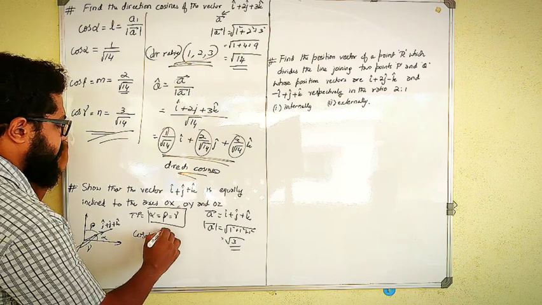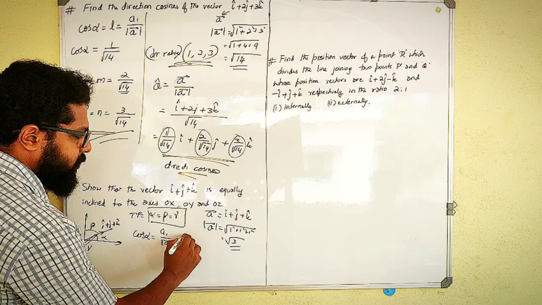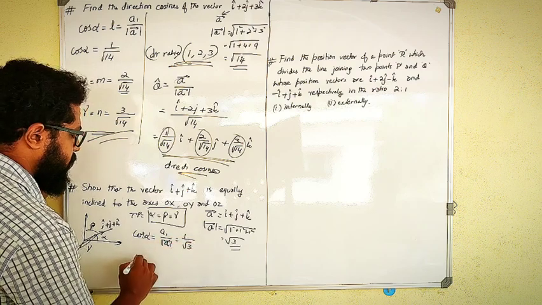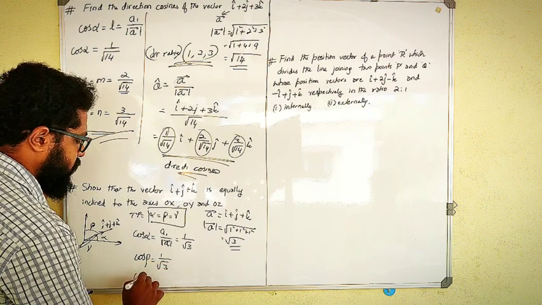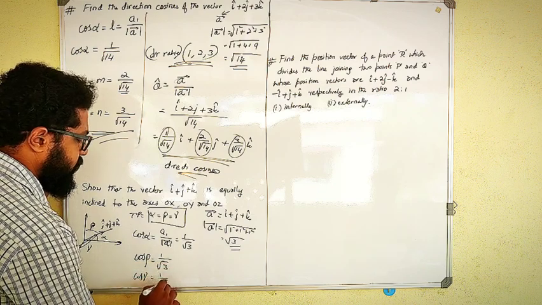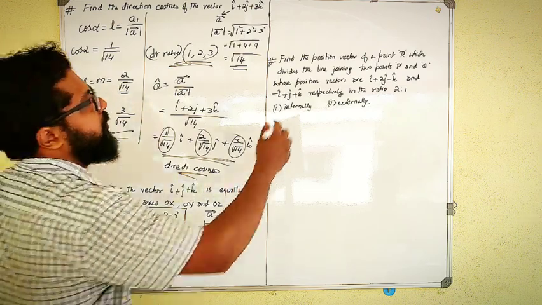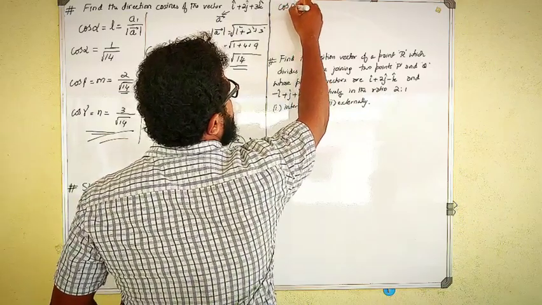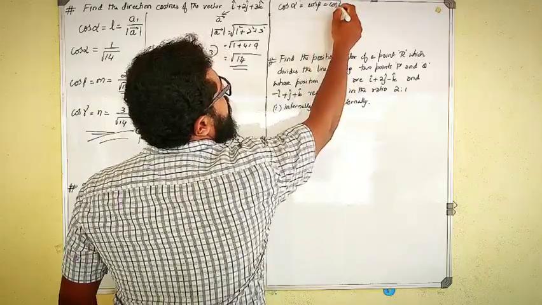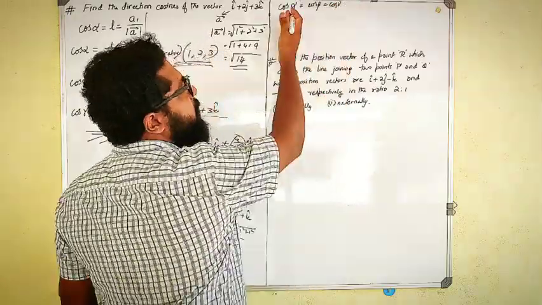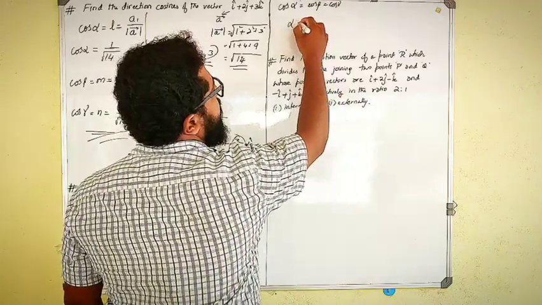So then cos alpha is a1 by magnitude of a vector, which is 1 divided by root 3. Cos beta is 1 divided by root 3 again. Cos gamma is equal to 1 divided by root 3. Correct? I can see that cos alpha, beta, and gamma, all three are equal. Let me write them: cos alpha is equal to cos beta is equal to cos gamma. Which indirectly means if cos of all the angles are equal to each other, obviously the angles are equal.